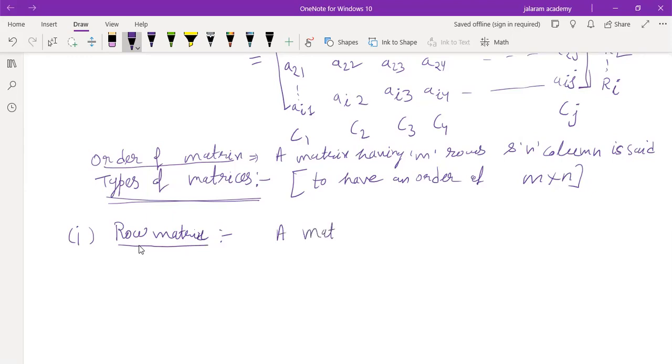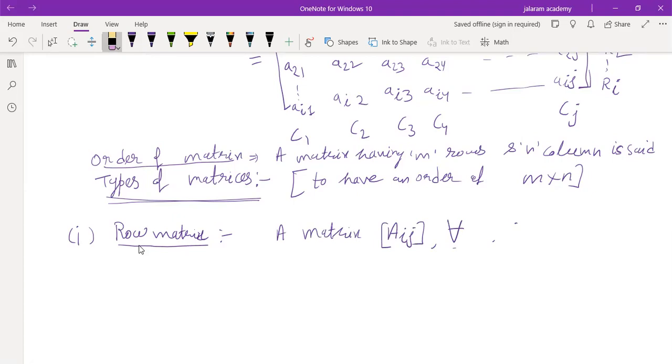A matrix Aij, this is the method of denoting a matrix, such that i equals 1 means it has only one row.